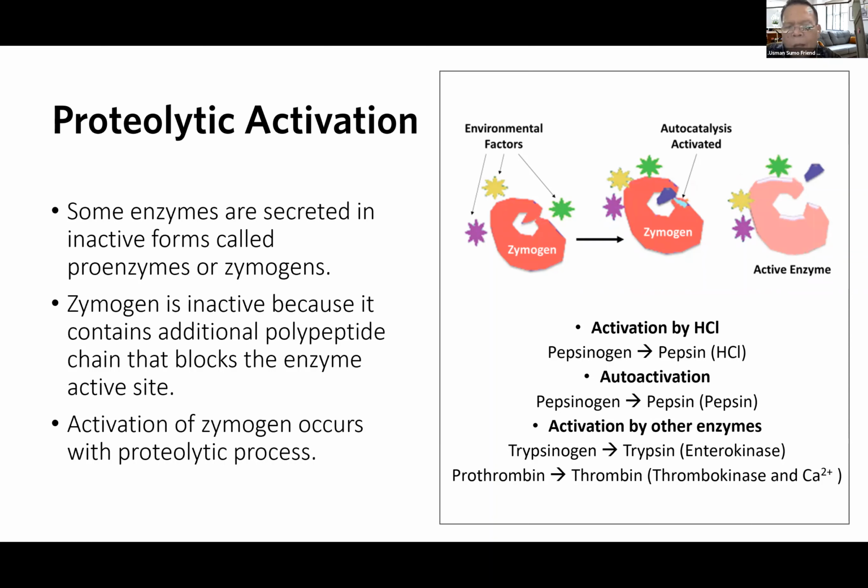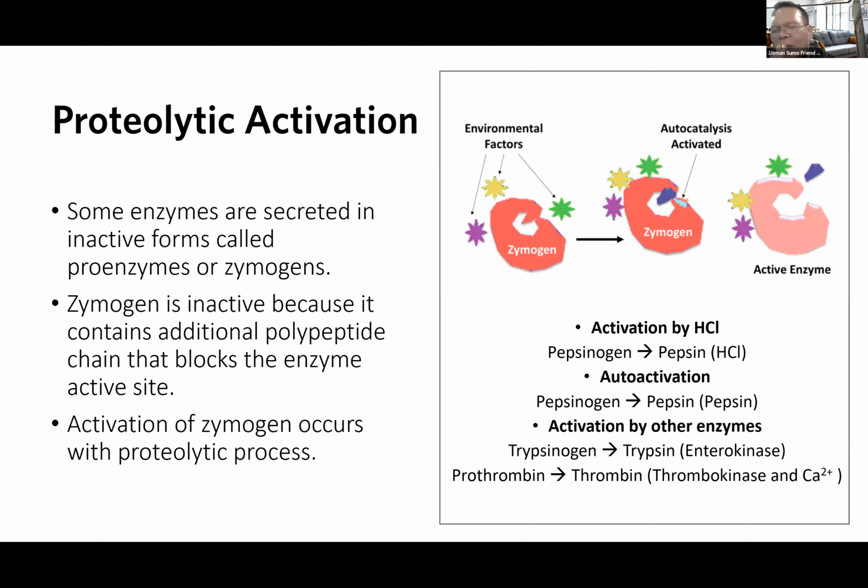Let's see this zymogen surrounded by environmental factors. The active site of this zymogen has already been blocked because of a polypeptide chain. Then this polypeptide chain in the zymogen is removed by autocatalytic activation, and the zymogen will be open.